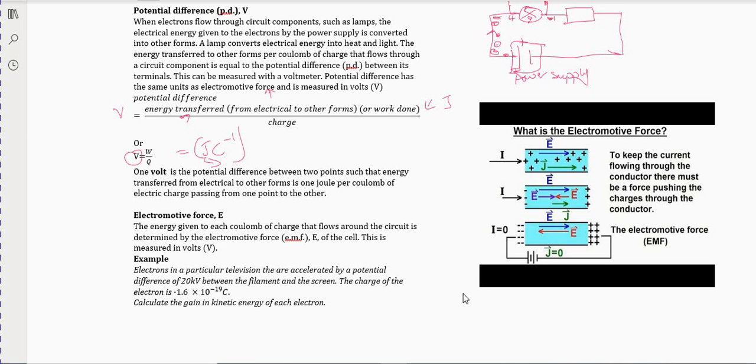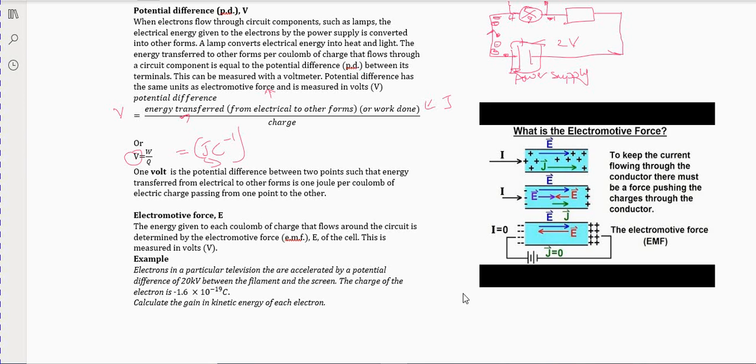So what this can also tell us is that if my power supply has a rating of 2 volts, this is the amount of energy that I can produce in a given time to allow my electrons to move around the circuit.